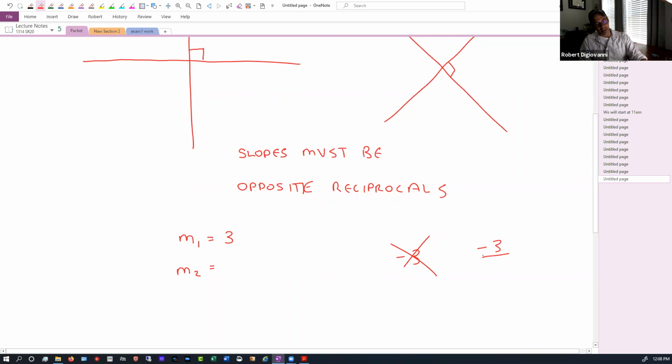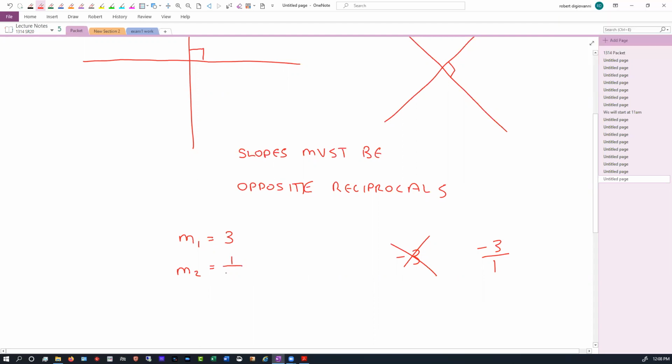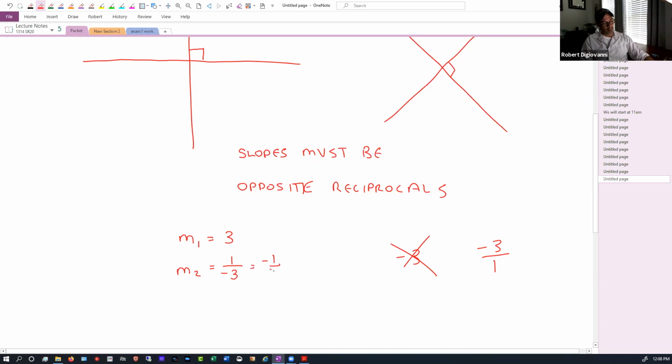Remember, -3 is the same as -3/1. If I flip that over, it's 1 over -3, which you could also write as -1/3. Remember, all of those are the same. So you take your fraction, change the sign and flip it over, and that's what it takes for them to be perpendicular.